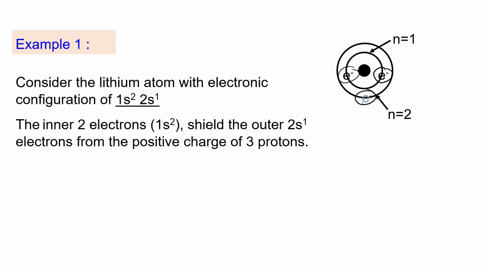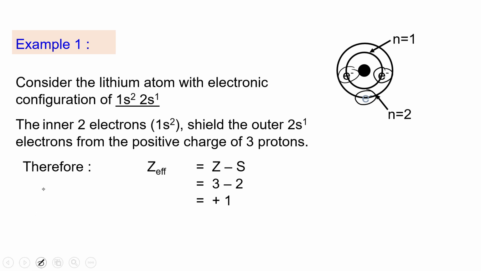To explain the value of effective nuclear charge, the 2 electrons from the inner shell, which refer to electrons at n equals 1, shield the outer electron. They block the nucleus attraction toward the electron at n equals 2. So the calculation is Z minus S. Z refers to 3, so proton 3, 2 from 1s, 1 from 2s, minus 2.